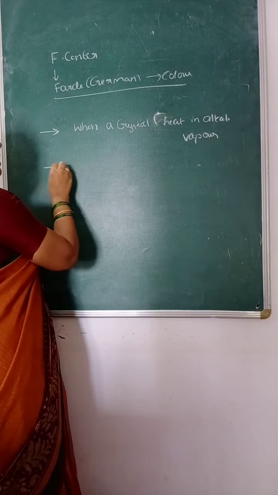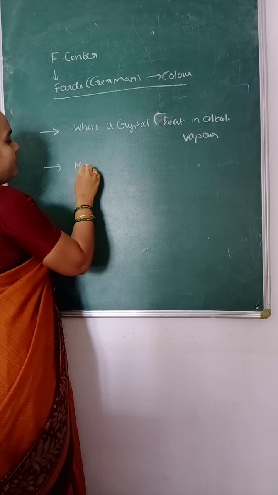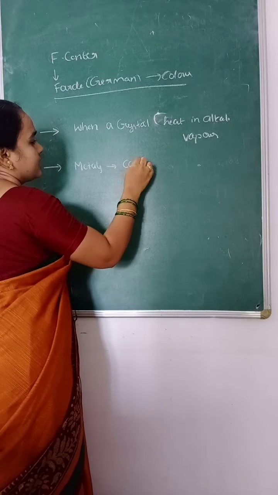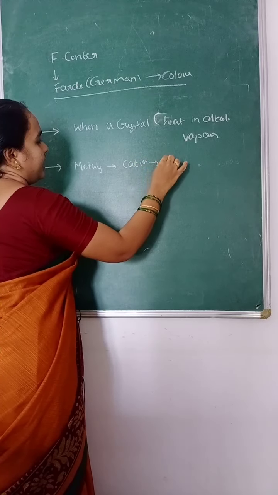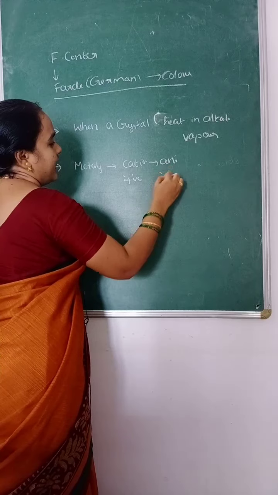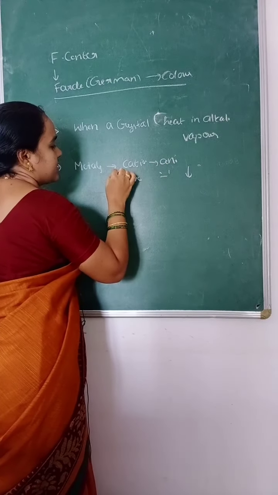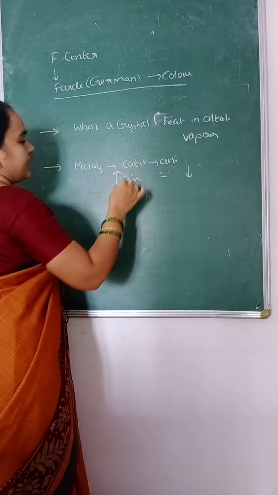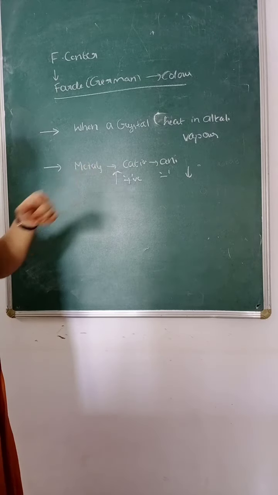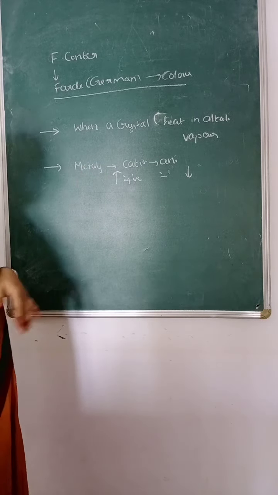Especially, these F centers are observed in crystals having more cations than anions. That is, if there are more positive charges and fewer negative charges in a crystal, then in those types of crystals we can observe these F centers.